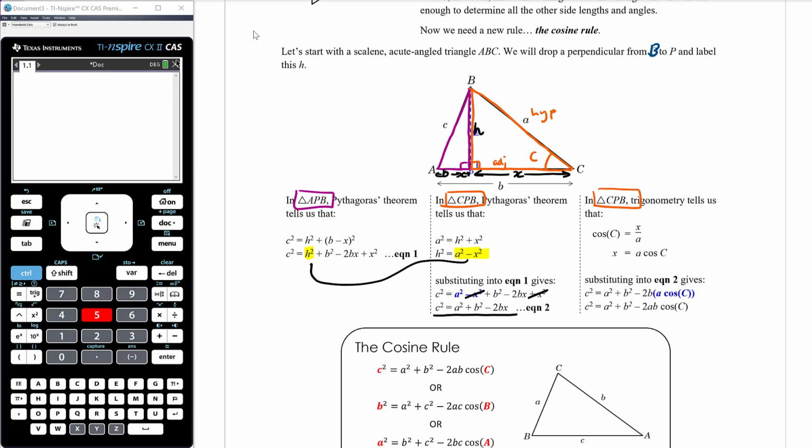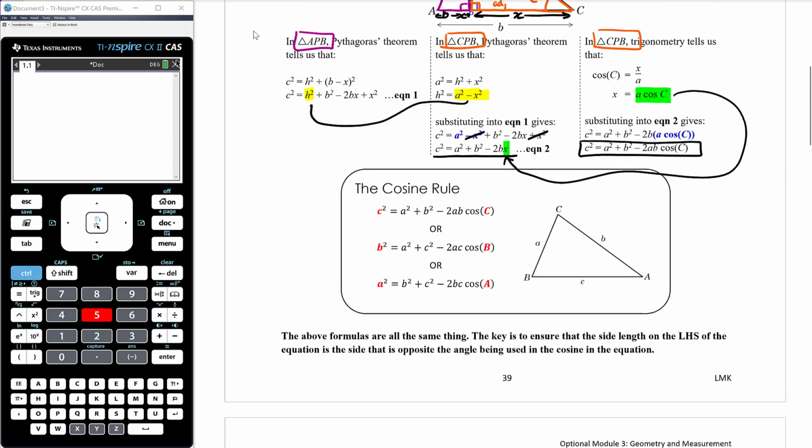Then in this equation here, I can replace x with a times cos of c. And so I've done that here, and now I get my cosine rule: c squared is equal to a squared plus b squared minus 2ab times cos of c.